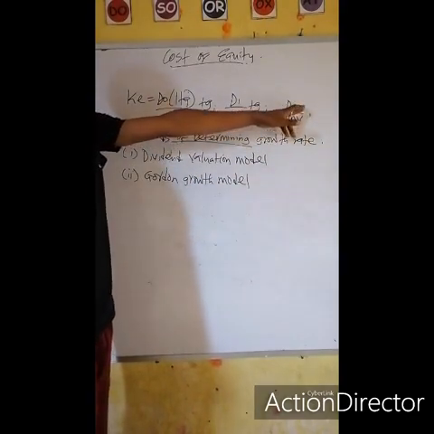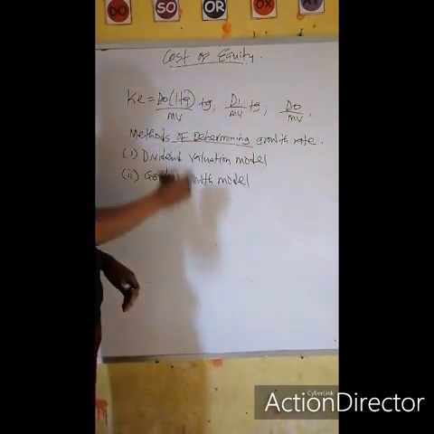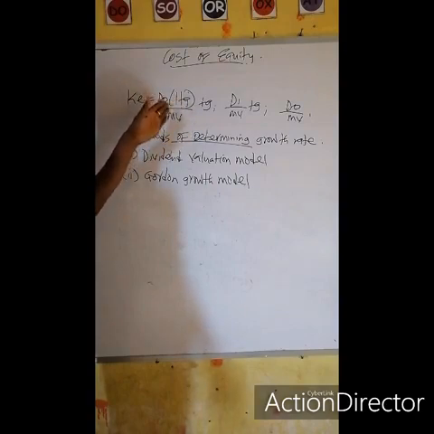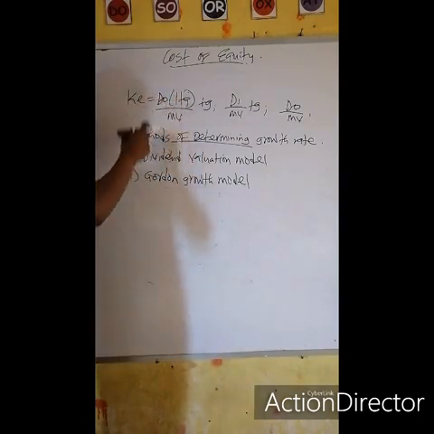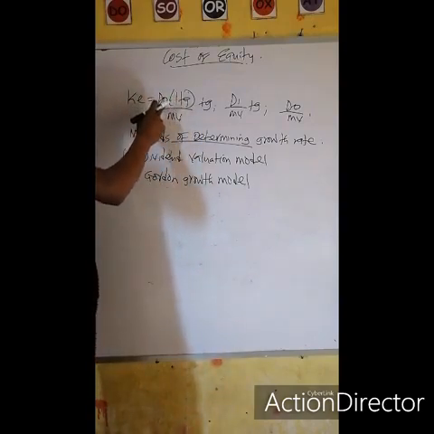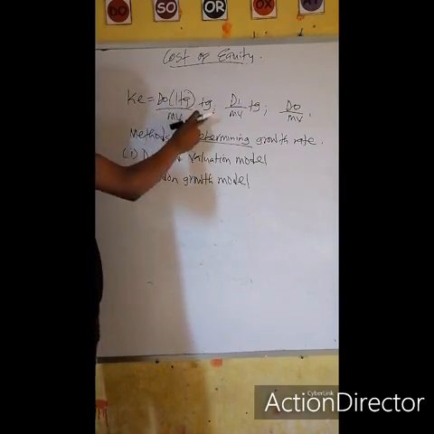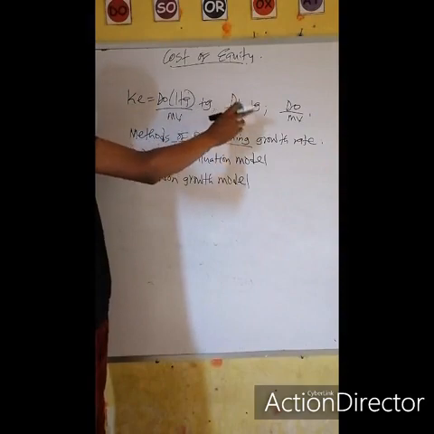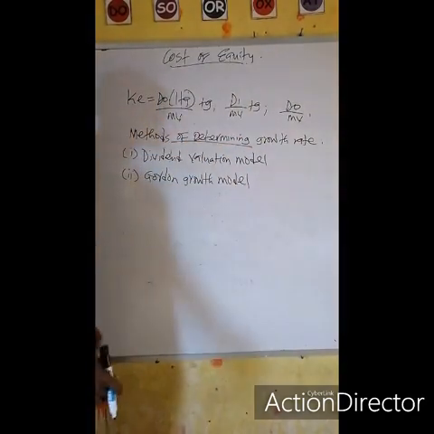Another form is D0 over market value. Last class we explained how to compute all this and what these acronyms mean: dividend in year 0, the latest dividend, market value, growth rate, dividend in year 1, and so on.